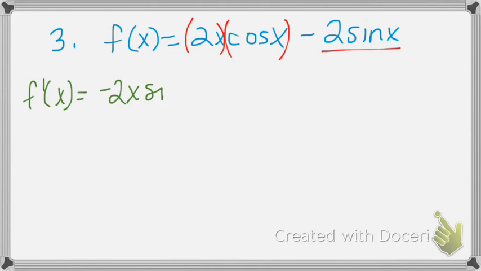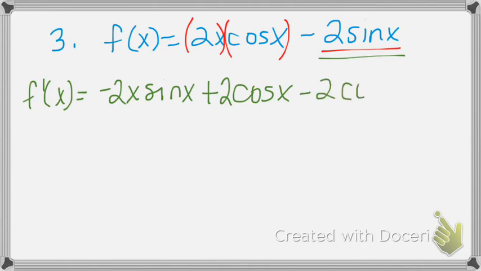I'll put that in front of the 2x. Plus the second, which is cosine, times the derivative of the first, which is 2. And then I just find the derivative of that, which the derivative of sine is cosine, so that's 2 cosine of x. Notice those go away, and you get negative 2x sine x. There's plenty of times that things will simplify, and you should check that as you work them out.